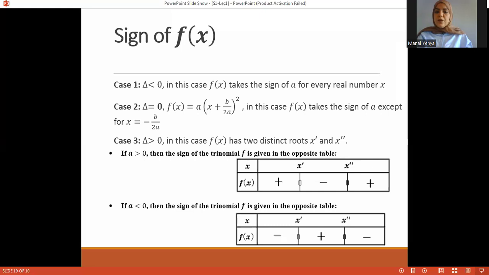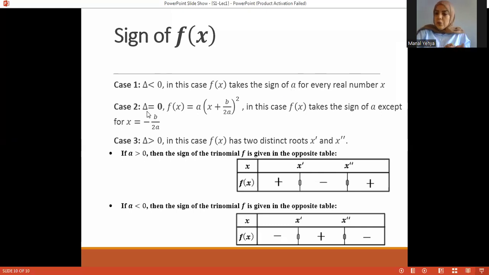In this case, we are going to find the sign of this function without writing each factor alone. If delta is negative, then the equation itself will take the sign of a. What's a? The coefficient of x squared.